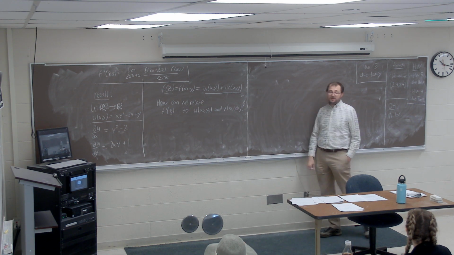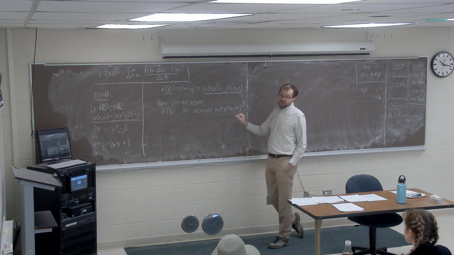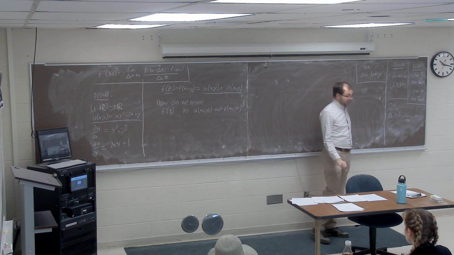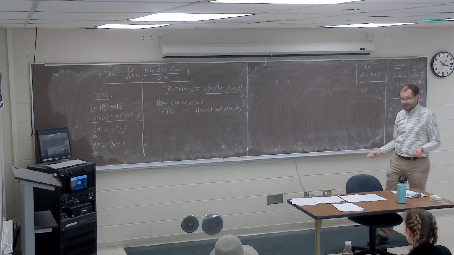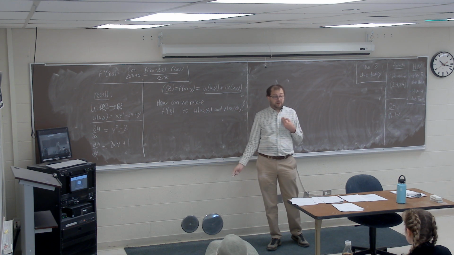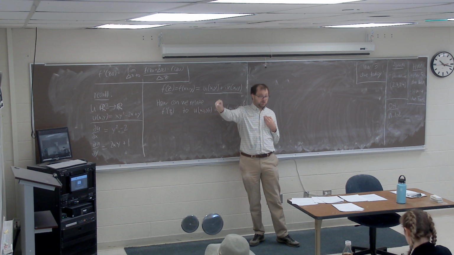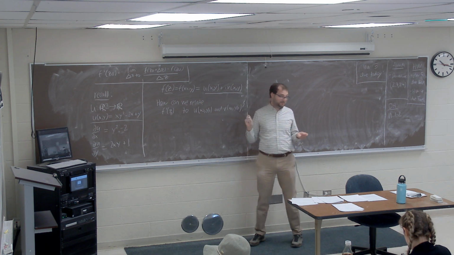So how can we relate the overall derivative to the real and imaginary pieces of the function that we're differentiating? Spoiler alert, it's going to somehow involve relating f prime of z naught to these partial derivatives.